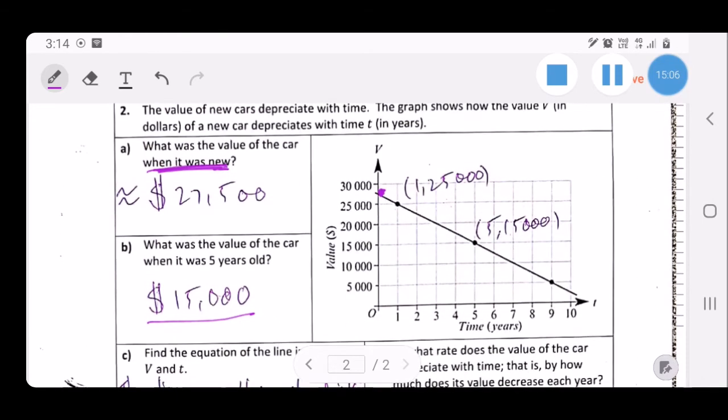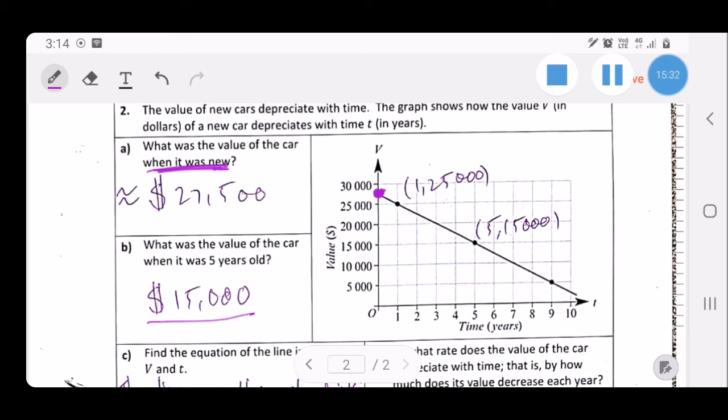Now, I can't be 100% sure that our y-intercept here is 27,500. I mean, I'm pretty sure it is, but just to be sort of mathematically rigorous, which means kind of strict, I'm going to make the assumption that I don't know for certain that that is 27,500, okay?